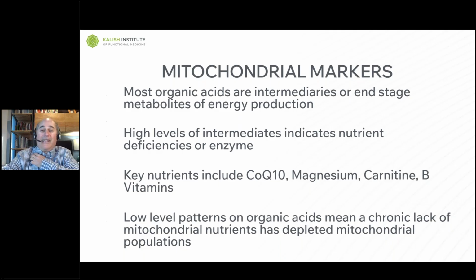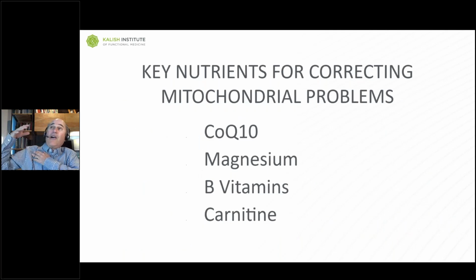So what are these organic acids? They're mostly intermediaries or end-stage metabolites of energy production. That's what we're talking about. And if the levels are high, it indicates a nutrient deficiency or an enzyme defect problem. And the key nutrients we talked about a lot already. Low levels on these tests indicate what's called a hypometabolic state.